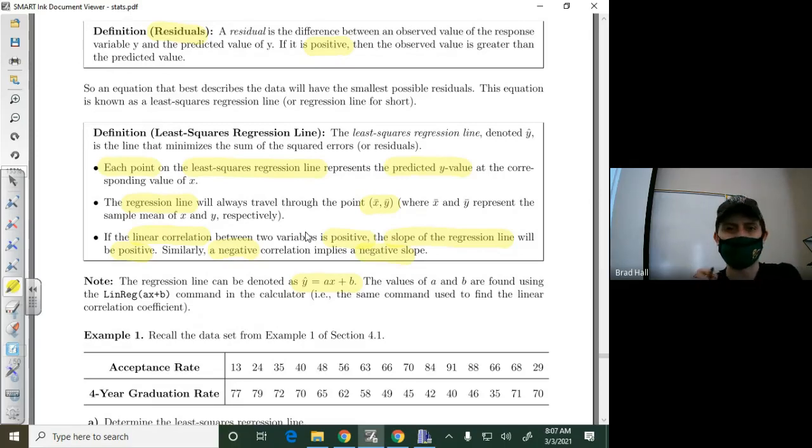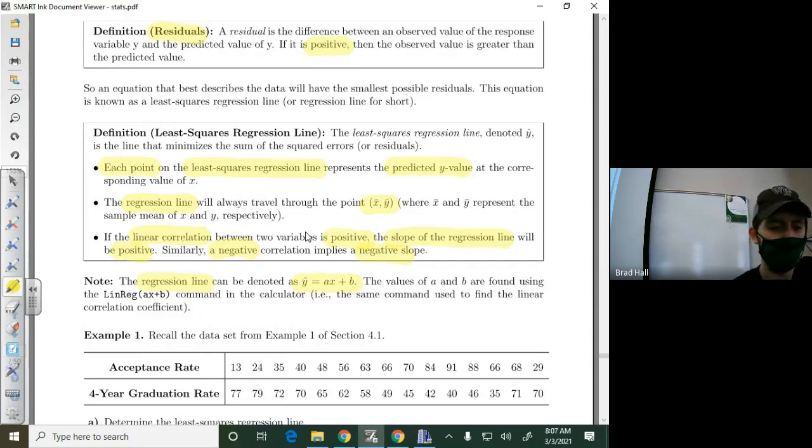And notice the y has a little hat on top. The hat distinguishes this version of y from the regular version of y. The regular version is the response variable, but y with a hat represents the regression line, which is different.